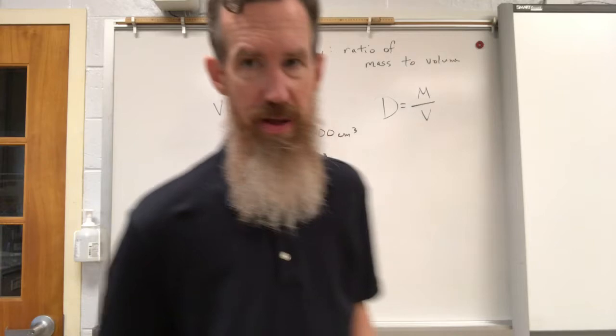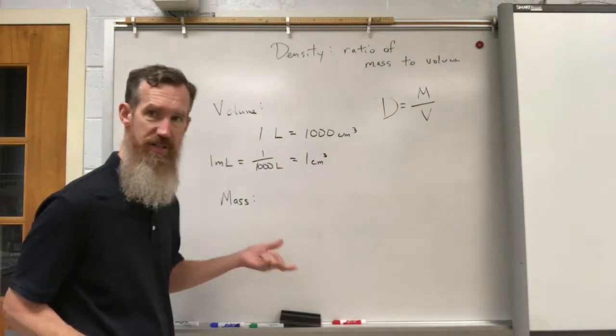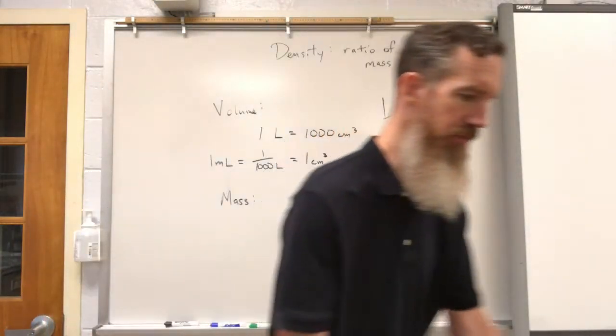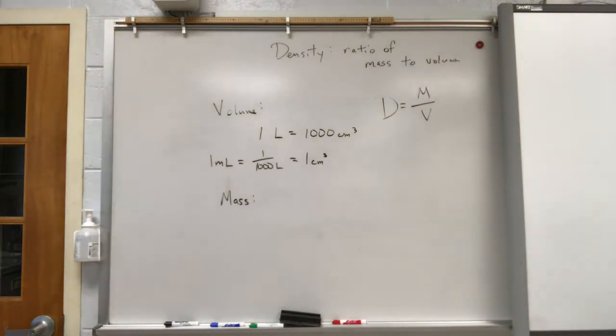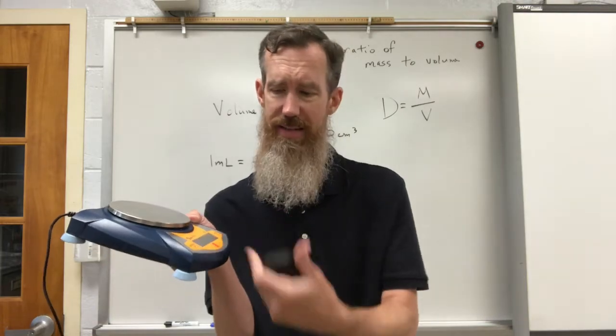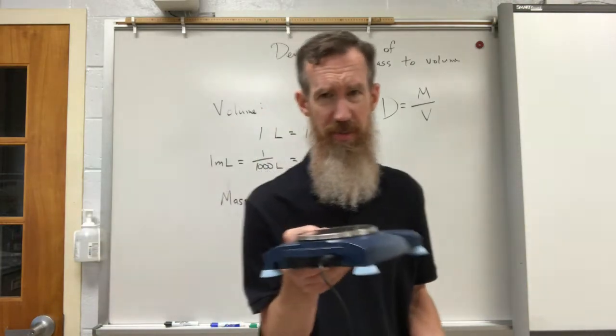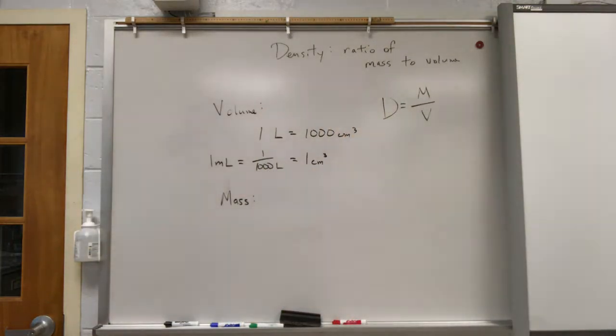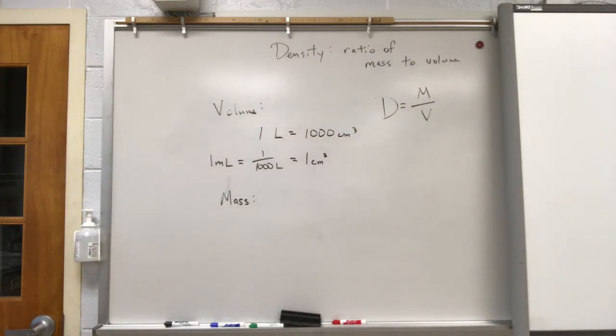Now, we typically find mass in grams on a scale, right? If you're in science class, you would find your mass on a scale. You just put the object there, and it would read in grams or ounces, and we don't use ounces in this class. That's an English measurement, or British measurement. We're not using that. We use grams or kilograms.